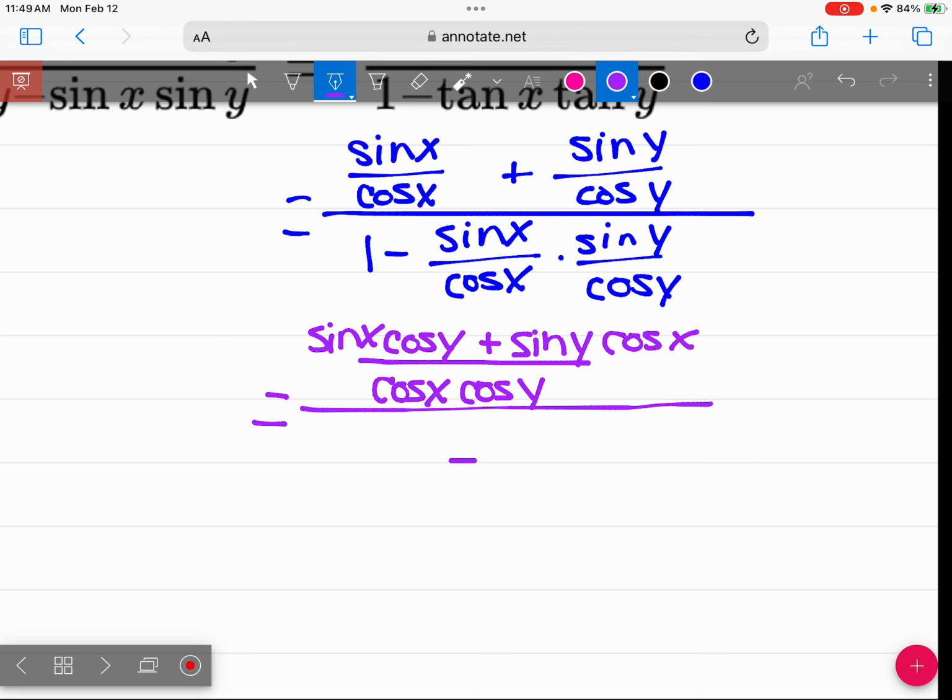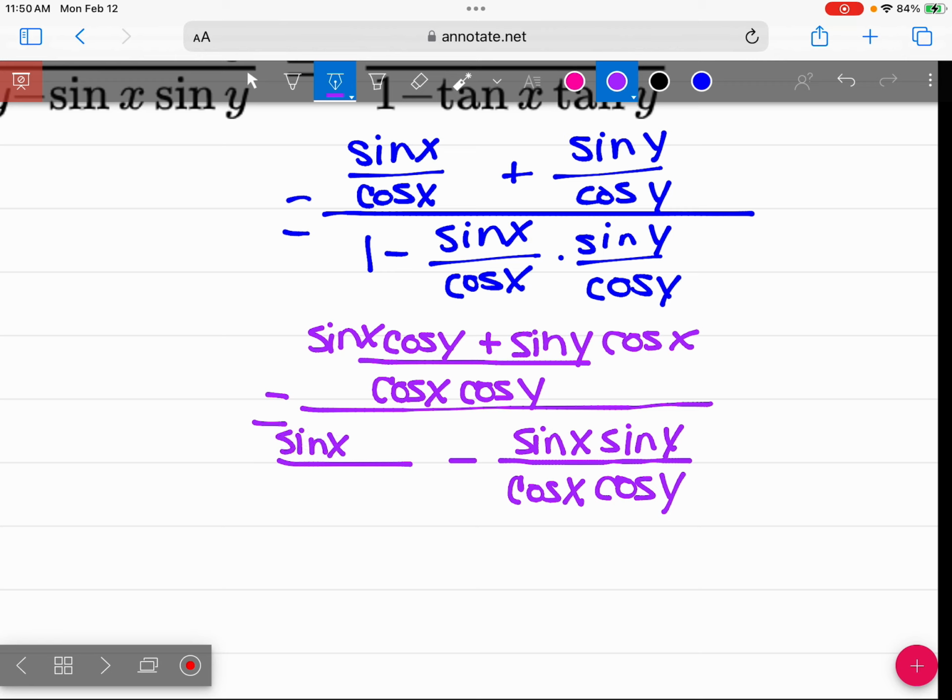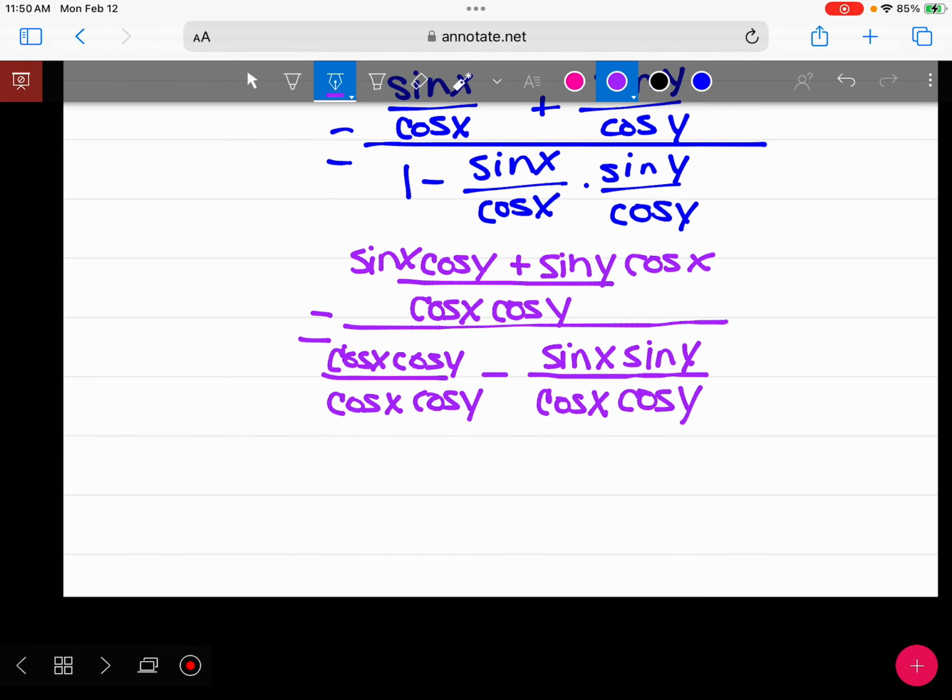The way I'm going to do that is I'm going to multiply the right-hand piece, sine x sine y over cosine x cosine y, and it's going to get the common denominator of, oh, nope, sorry, cosines, cosine x cosine y over cosine x cosine y.